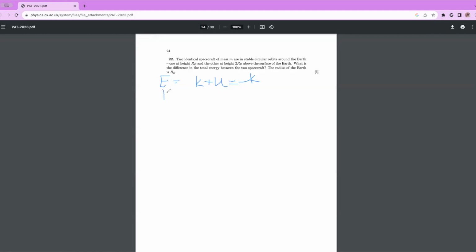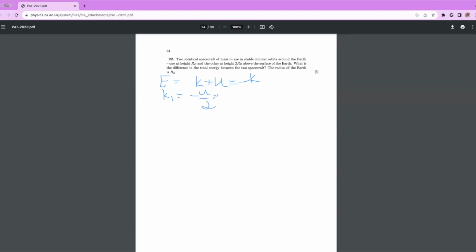So I'll call K1 the one that's at the radius R_E. The kinetic energy of the first is going to be 1/2 of the negative of the potential energy.